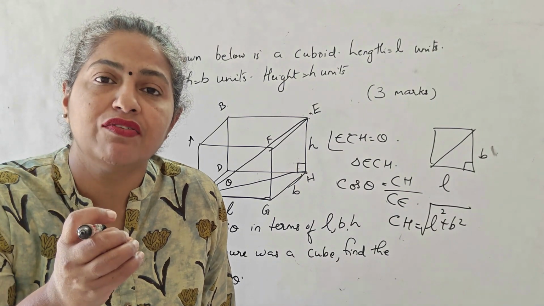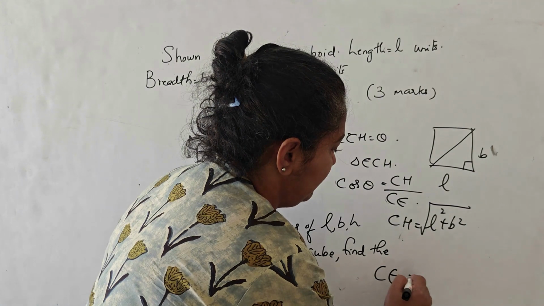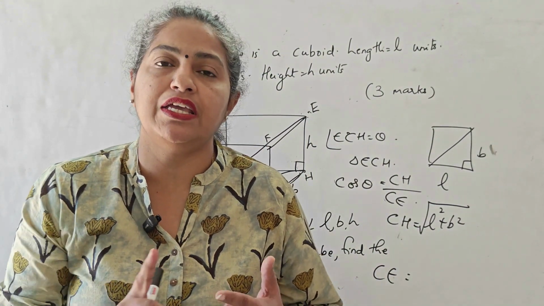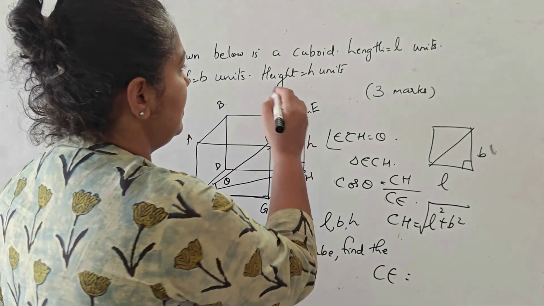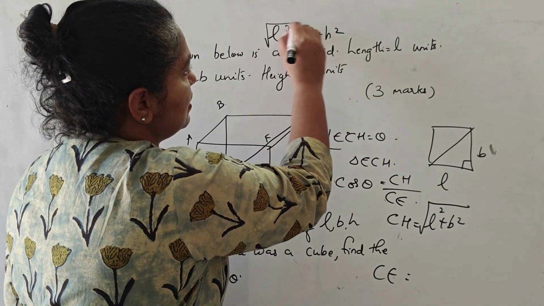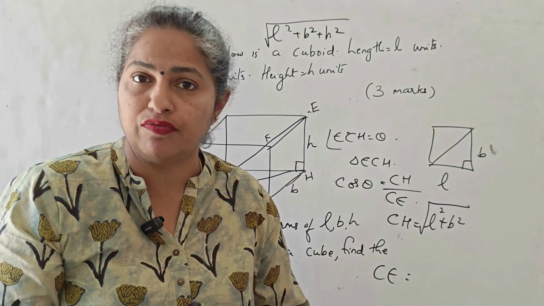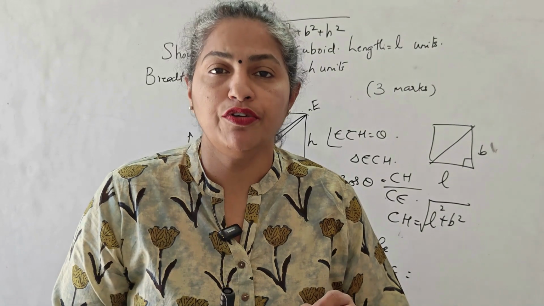Clear? Now, let us find CE. There are two ways of finding CE. One is directly applying the formula for the diagonal of a cube. Diagonal of a cube is given by root of L square plus B square plus H square. Suppose let us assume you have forgotten the formula for the diagonal of the cube. How do I figure out the value of CE?